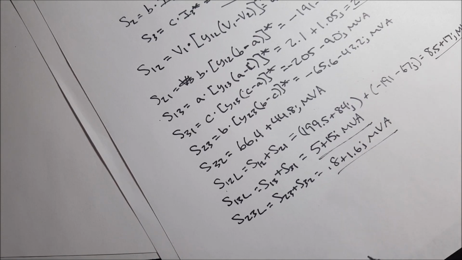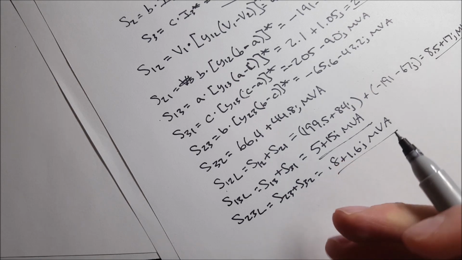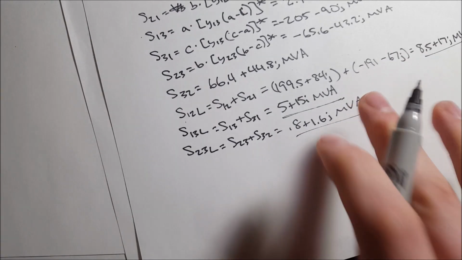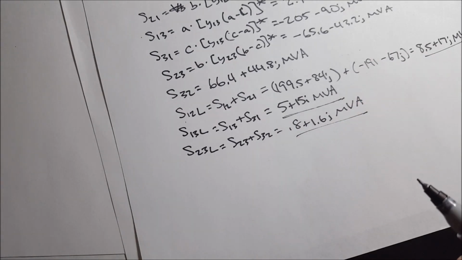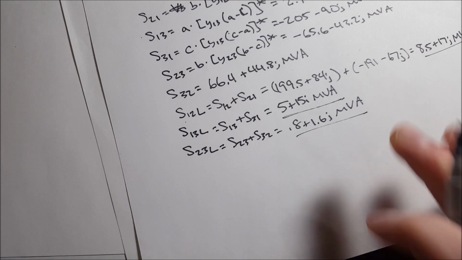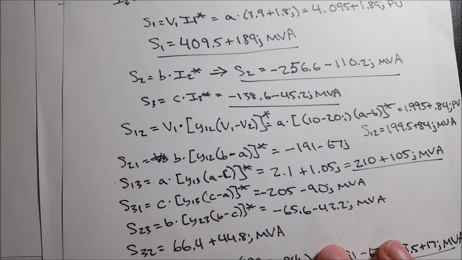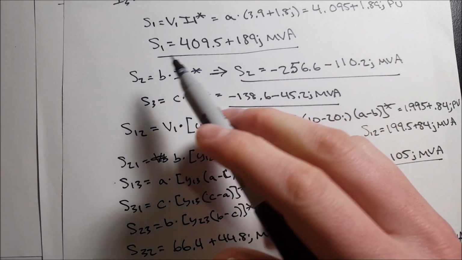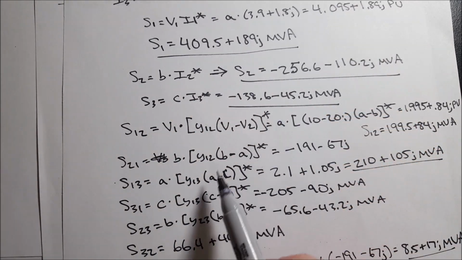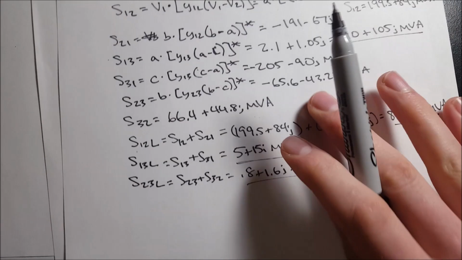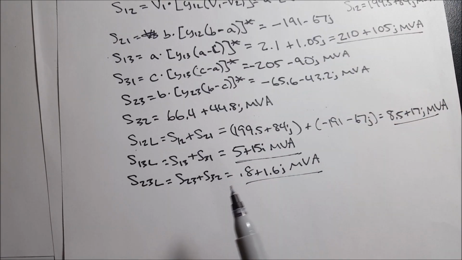So this is our power being lost in the lines because of the line impedances. And now we have everything we need to graph it out back in our original picture here, because we have our bus powers, our line powers, and our line losses.